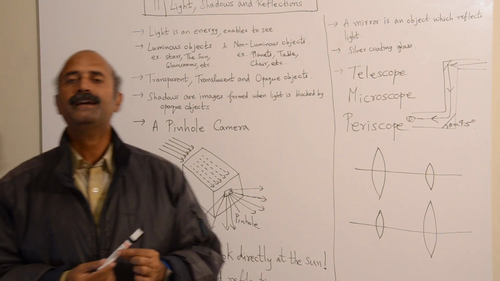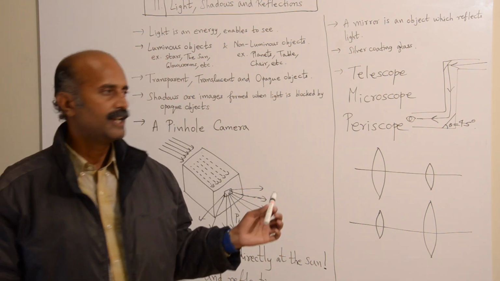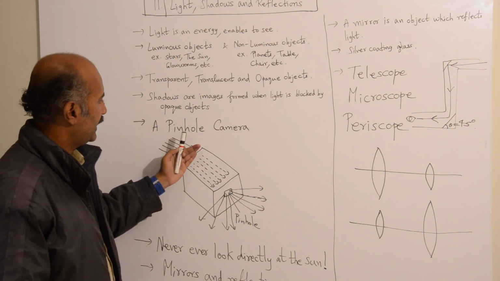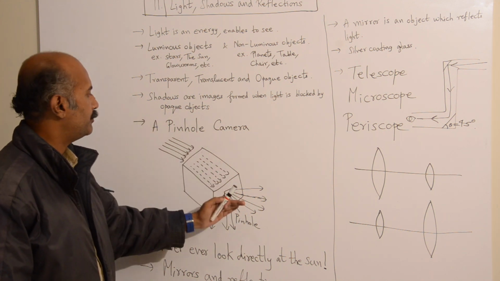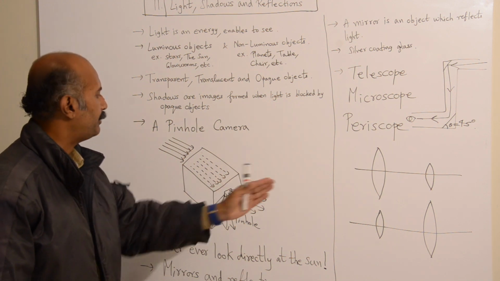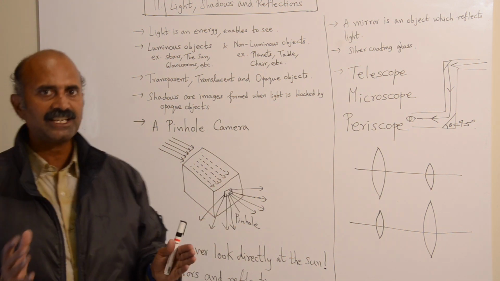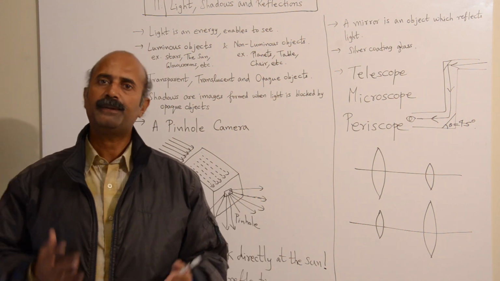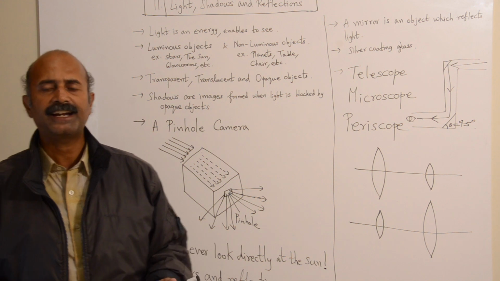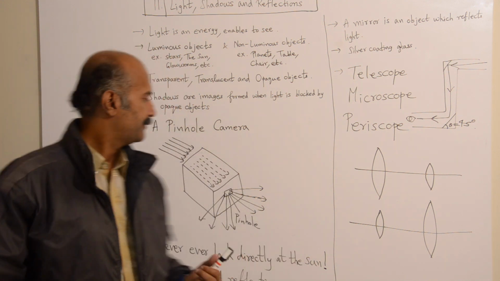So that's the basic phenomenon of all cameras. In the pinhole camera, a lot of light rays hit the opaque object, but only a small opening is there, so light spreads out through the pinhole. This principle is the basic principle for all cameras, be it manual cameras, digital cameras, projectors, etc., which you will study in your higher classes.